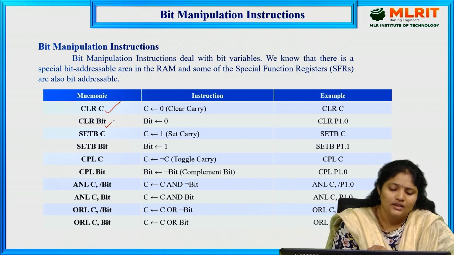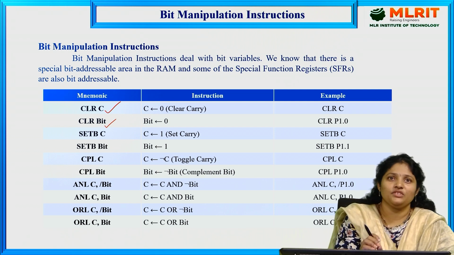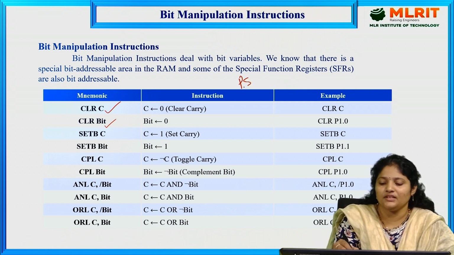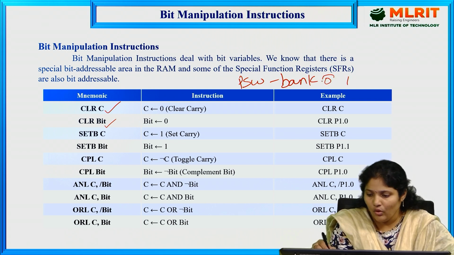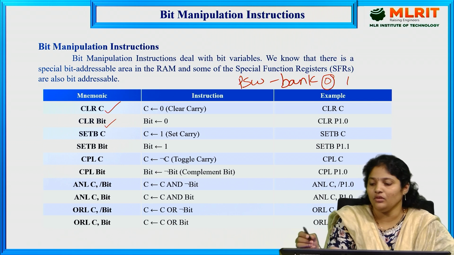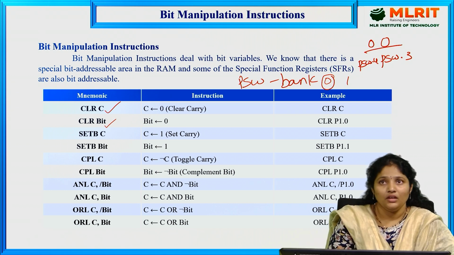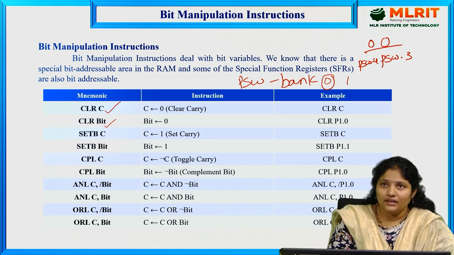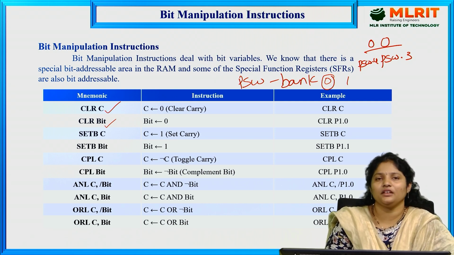Or, in a specific function, if we want to reset bit positions in the PSW, program status word, to select the register banks, bank 0 or bank 1: to select register bank 0, we need to keep PSW.4 and PSW.3 as 0, 0. We don't know whether they are 0, 0 or anything else, so if we want to select bank 0, it is better to clear them.